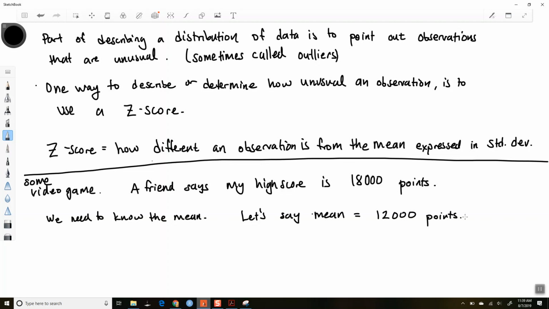And we would need a number to give us this measure of spread, okay? On the other hand, if a lot of players score over 18,000, so a lot of players score anywhere from 0 points to like 25,000 points or something, the score of 18,000 is not that impressive. So we also need to know the standard deviation.